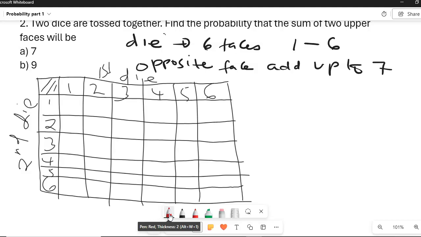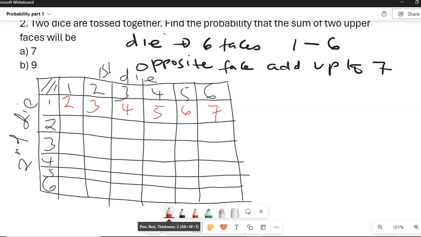In the first case we have 1 plus 1, so we are going to have 2, then 1 plus 2, 3, 1 plus 3, 4, 1 plus 4, 5, 1 plus 5, 6, then 7 there.